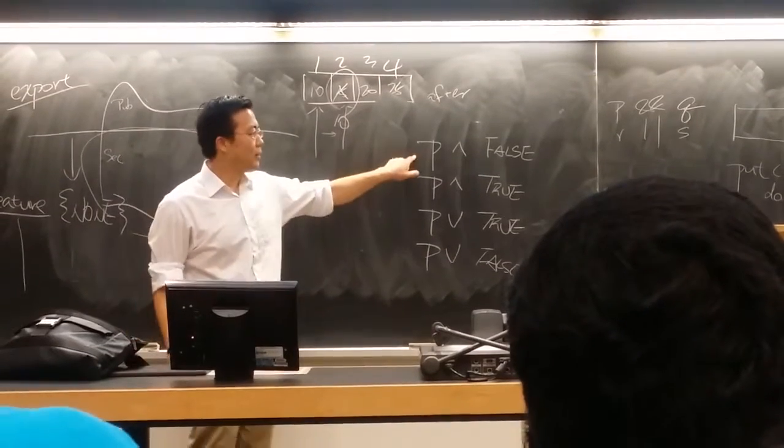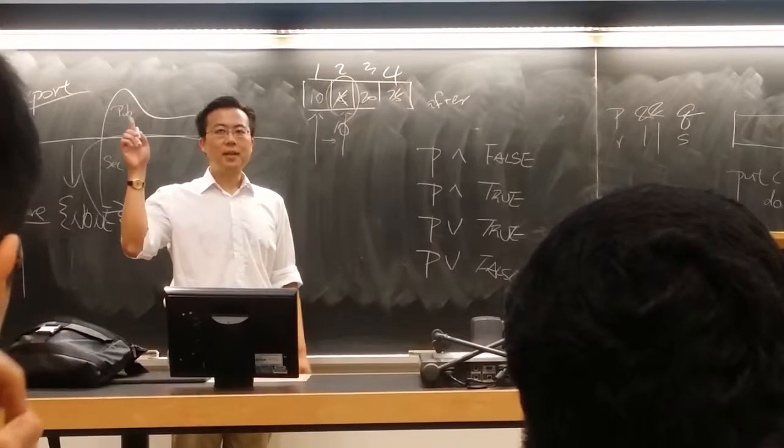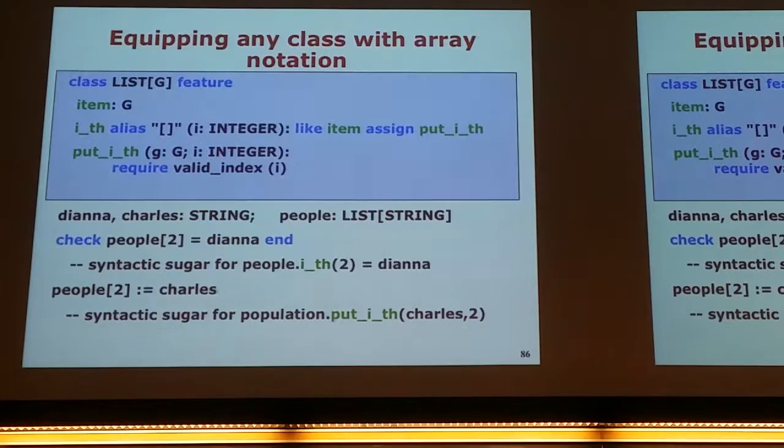Answers. First one. Anyone who says it's not false, it would be more appropriate to put the found X here and after there. How come? Let's say you have 1,000 items in the list, 1 million items in the list.